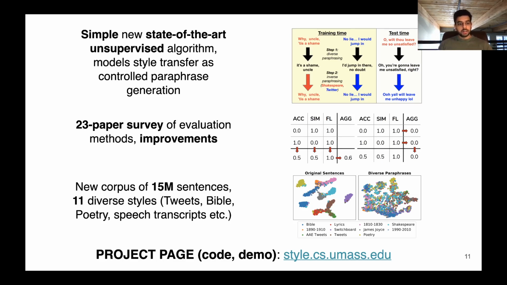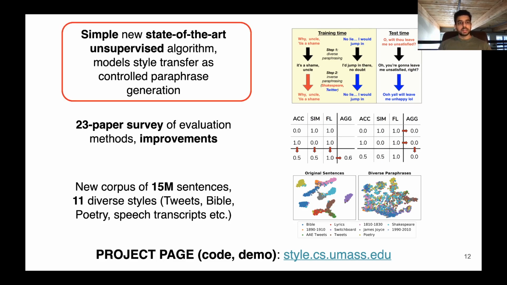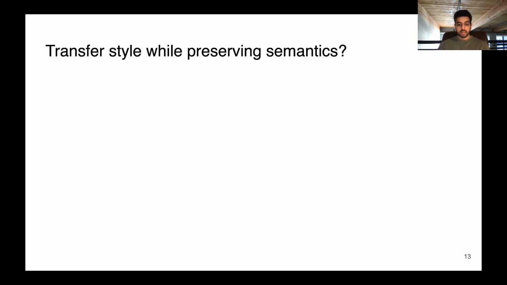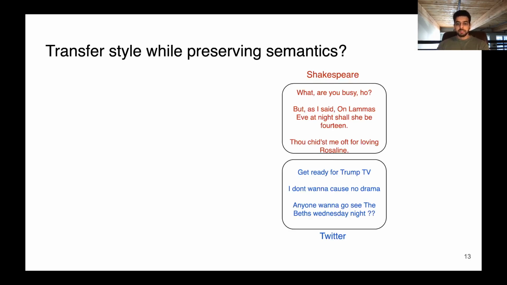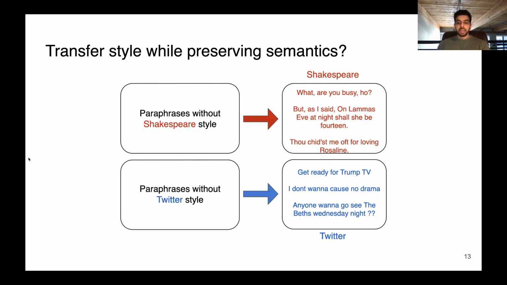Okay, so our paper does a lot of different things, but I wanted to focus on our algorithm, which is the state of the art for this task and uses paraphrase generation as a way to accomplish it. So how do you transfer style while preserving semantics, given that you don't have parallel data between two styles? Let's take our Shakespeare and Twitter example. If I wanted to train some sort of neural language model, which is what all text generation models at this point are based around, I would like to have some input and output.